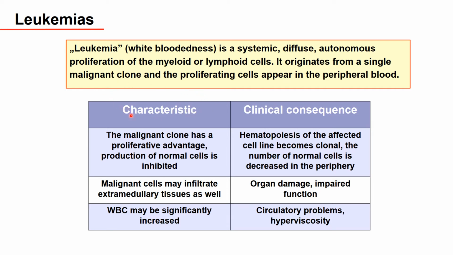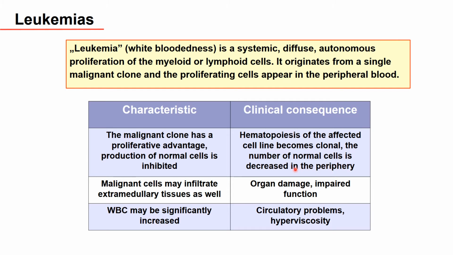Now, what are the characteristic features of the leukemias? As I mentioned, the malignant clone has a proliferative advantage over the normal cells, and normal cell growth is inhibited. As a clinical consequence, the hematopoiesis of the affected cell line becomes clonal, and the normal cells will decrease in the periphery.